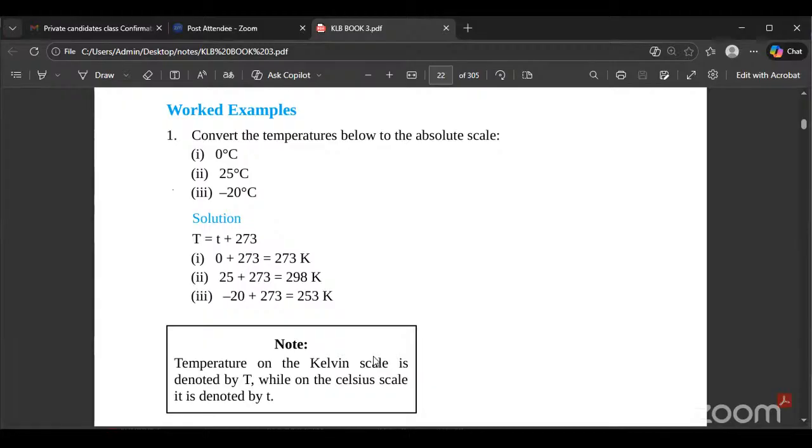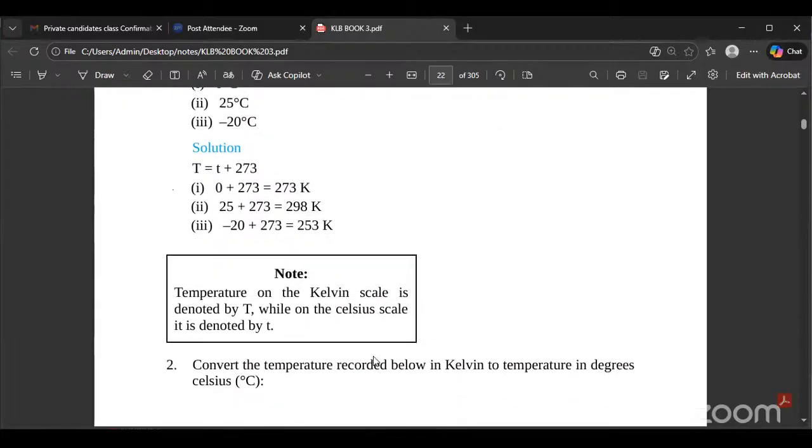The capital T is the principal scale, the one we are using. I think this also guides students to know which one is the SI unit.